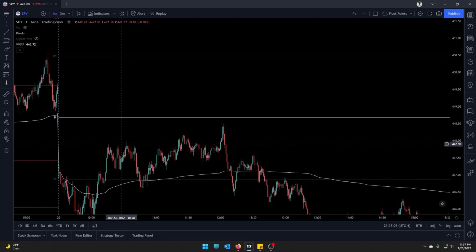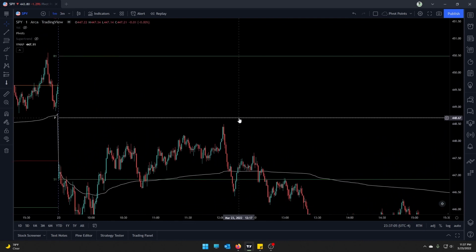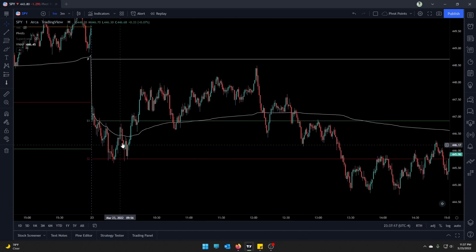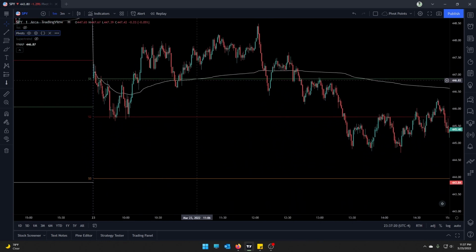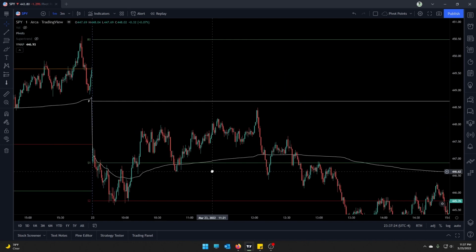The main pivot point is P. This is the high of the previous day, the low of the previous day, and the close of the previous day divided by 3. That gives you the main pivot point. And then each level below, the 3 below are your support Fibonacci retracements.